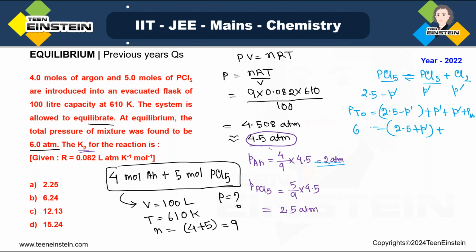This P total is 6 atmosphere, and P argon, what we have found, is 2. So 6 is equal to 4.5 plus P prime. So P prime is ultimately 6 minus 4.5.